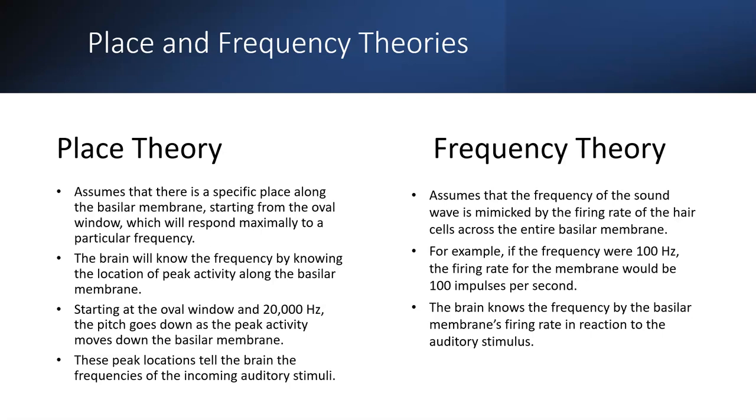And what's being perceived by the brain as the frequency is going to be based on the basilar membrane's firing rate, and that will be the determinant of the perceived level of the sound.